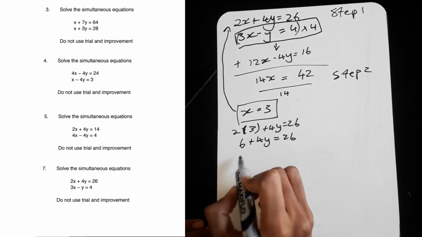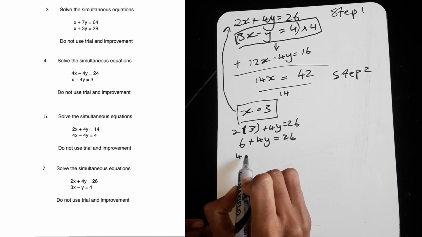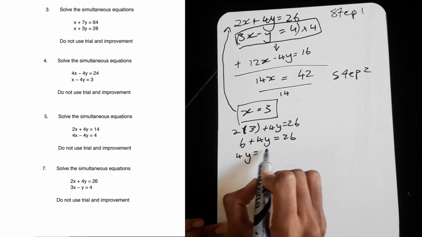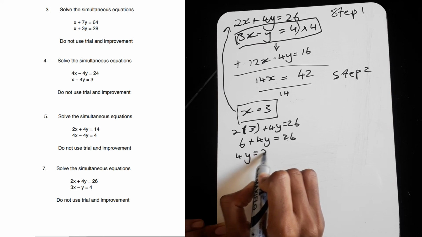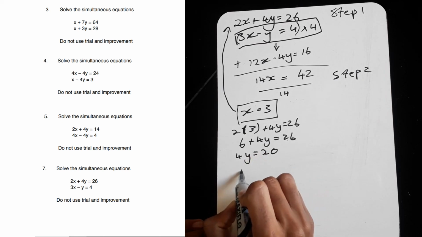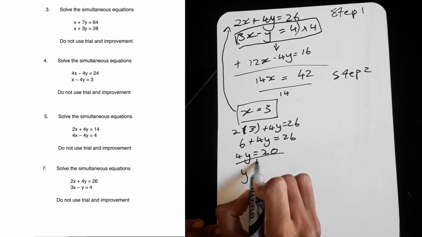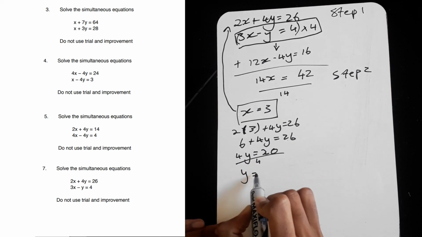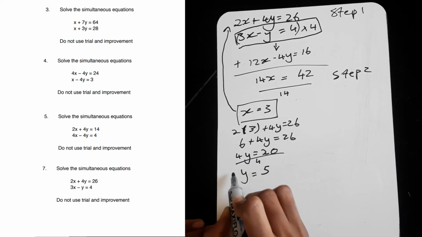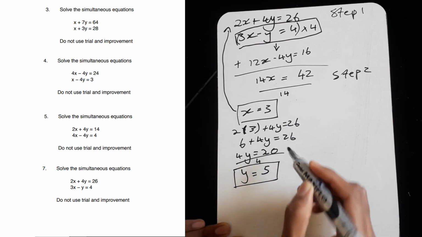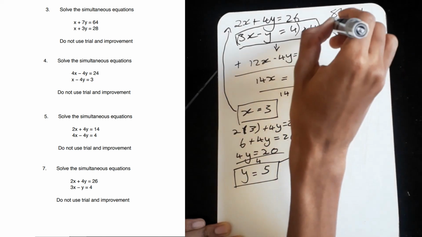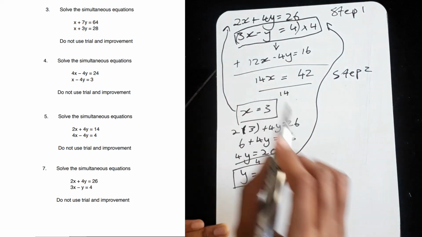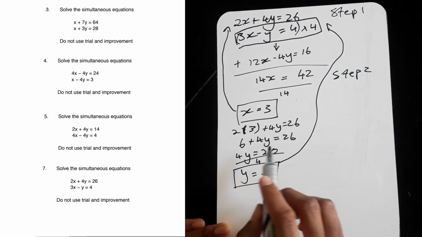You subtract 6 from both sides, it's going to be 4y gives you 20. And then you divide by 4, then y will give you a 5. So that's our y. We take this y and plug it into that same equation.